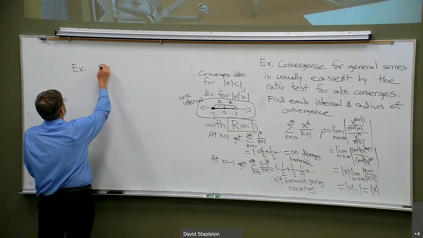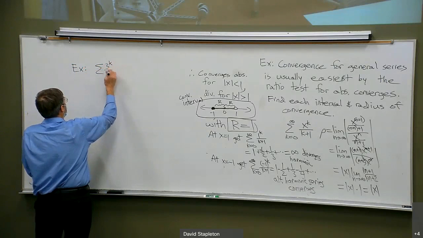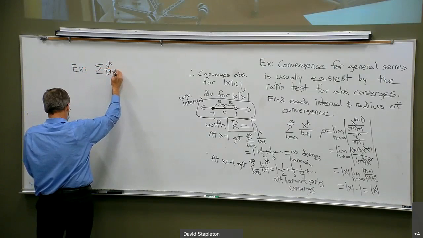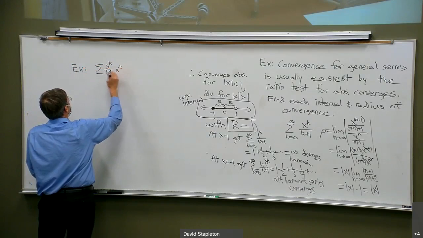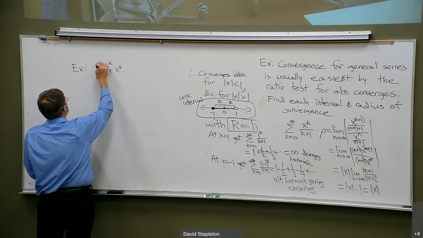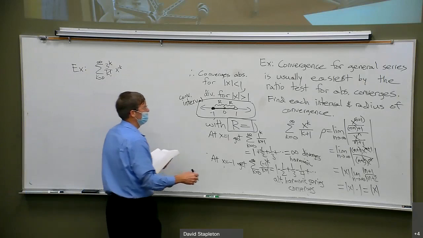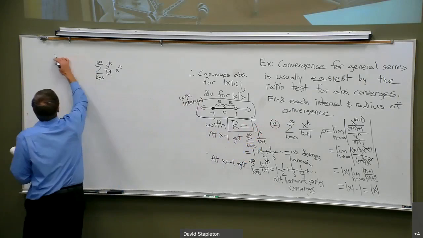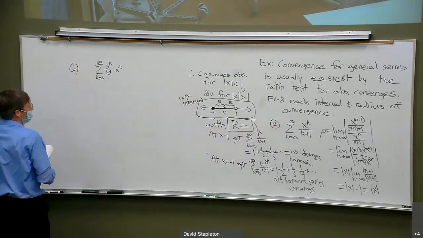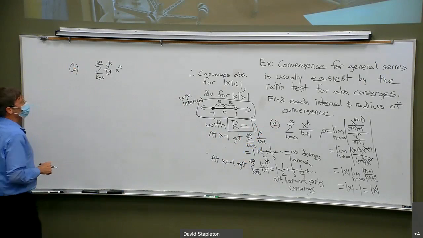So if I see something like this, I know immediately. This is the sum of 3 to the k over k factorial times x to the k, k running from 0 to infinity. Same question. I said find each, so this is A, this can be B. We do the same thing.